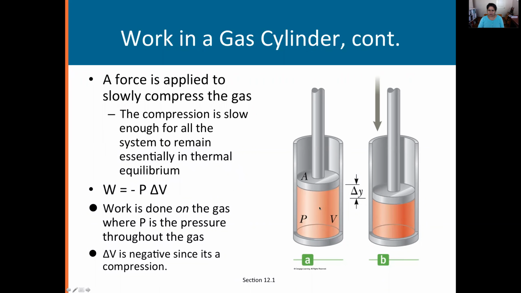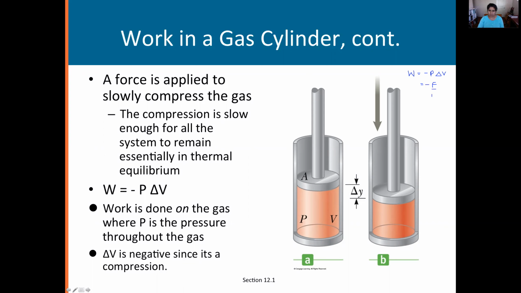And how much work was done? That is actually given by the negative of P delta V, where the pressure, let's say, remains constant, and delta V is the change in volume. If you want to see how this is work, you can convince yourself that this is equivalent to work in units because, say, work equals negative P delta V, and pressure is nothing but force per unit area.